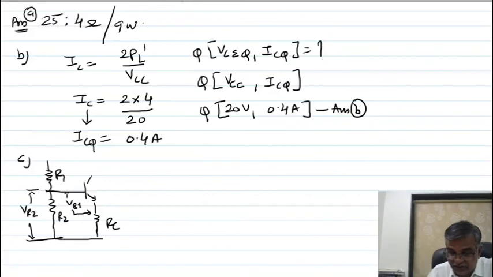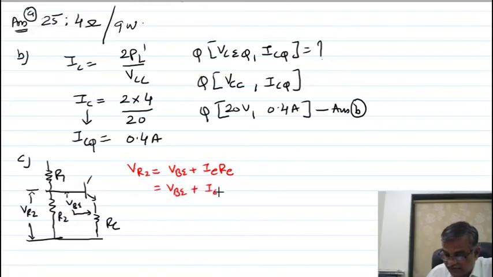So from the circuit I can write VR2 is nothing but VB plus IERE, or I can write VB plus ICRE. So VB they have given 0.4 volt plus IC 0.4 ampere, and RE they have given 5 ohm.